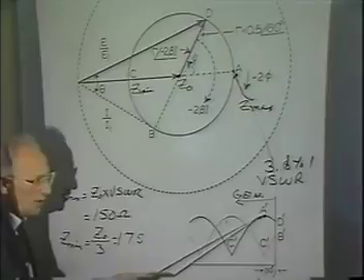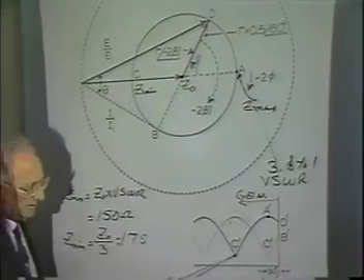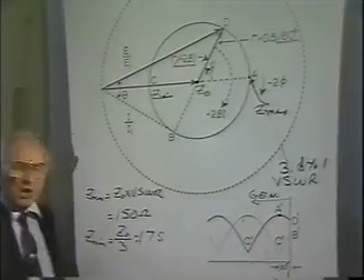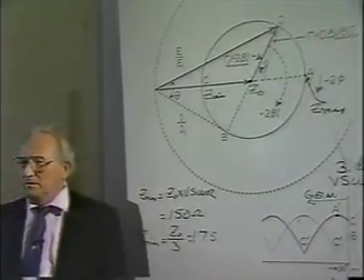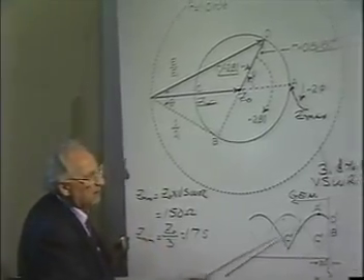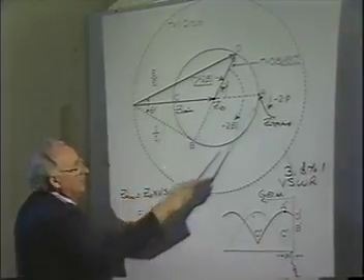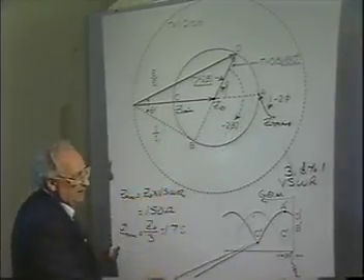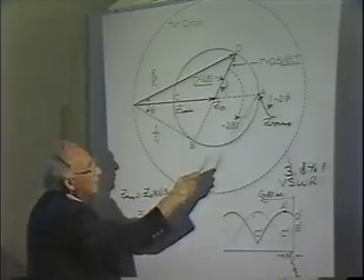These points are located 90 degrees apart on the transmission line. Here to here, 90 degrees. 1/4 of a wavelength. Then from this point here to this point here would be from here up to here, going backwards from C back toward the load.